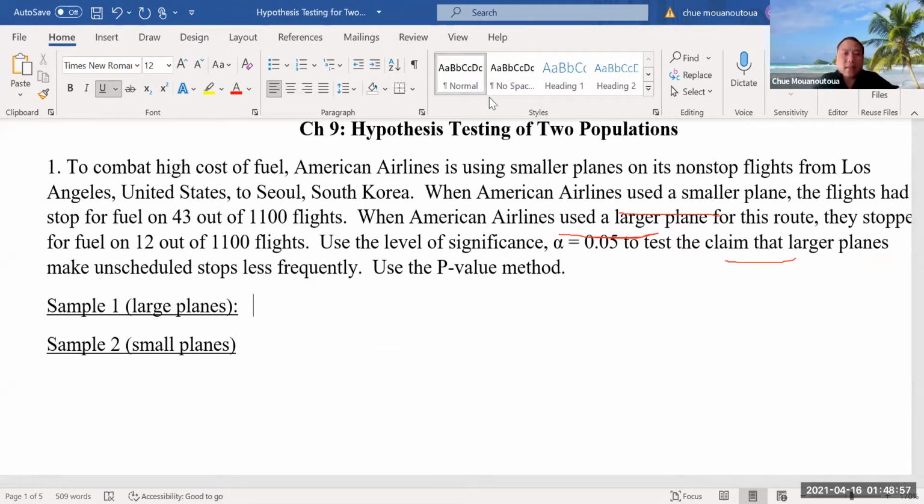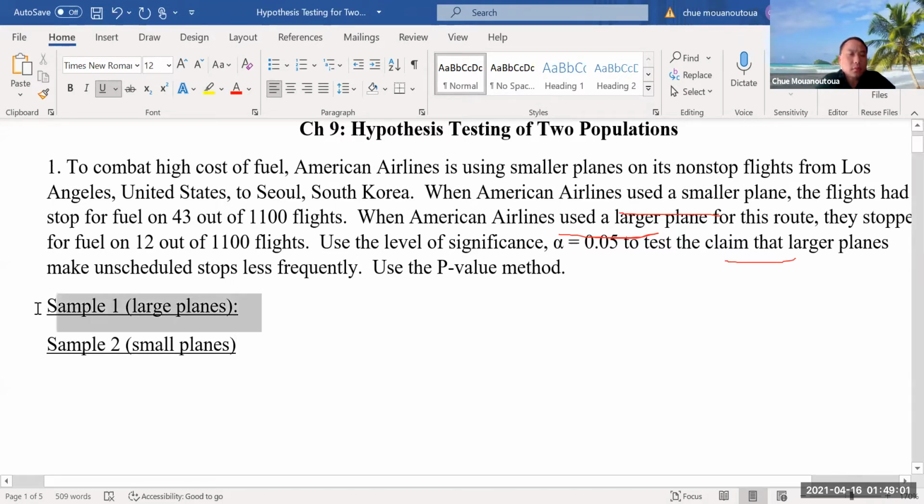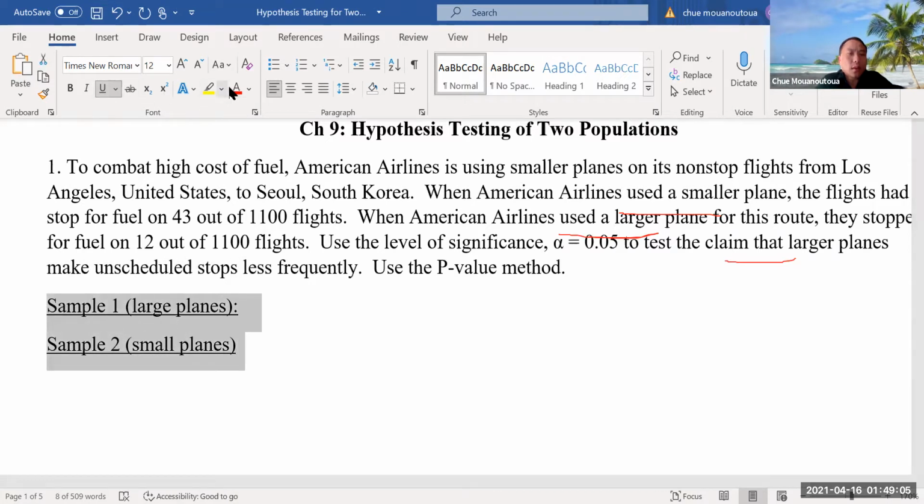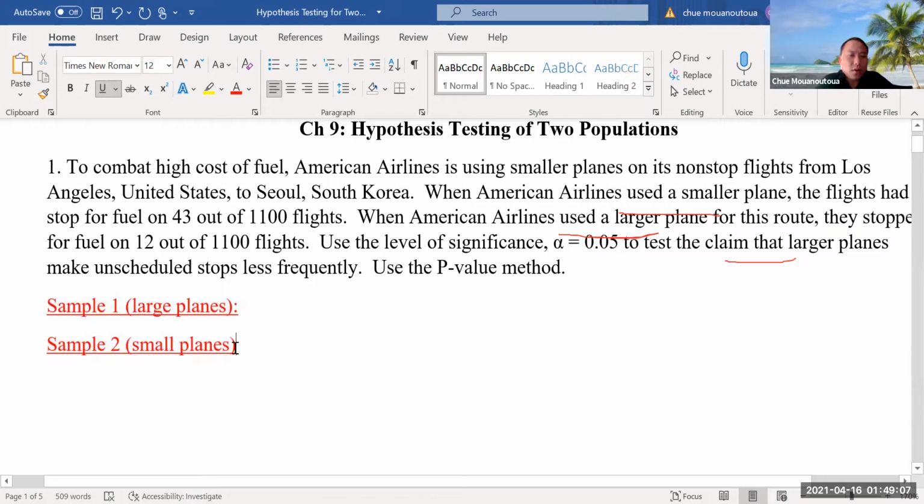All right, let's gather some information here. For the large plane, we're told that they stopped on 12 out of 1100 flights.